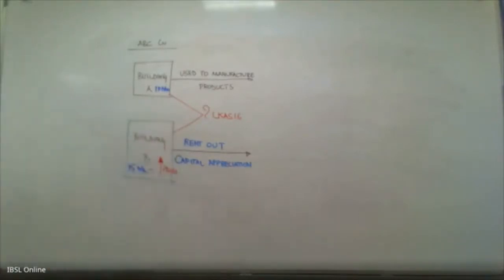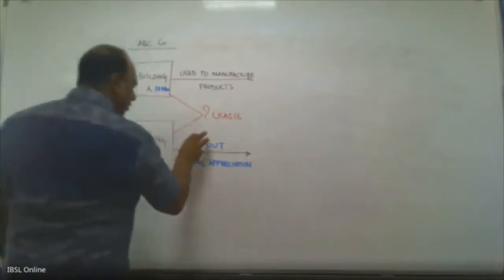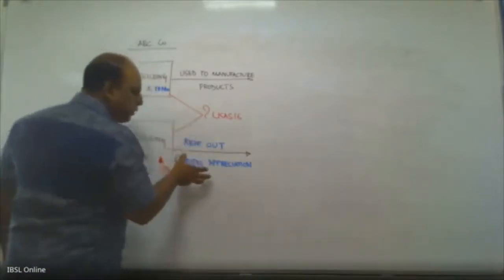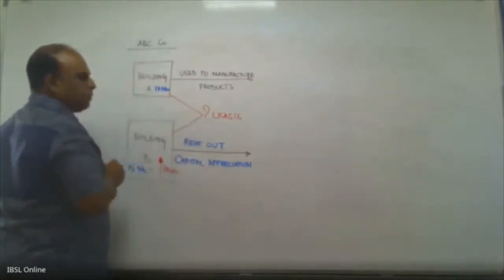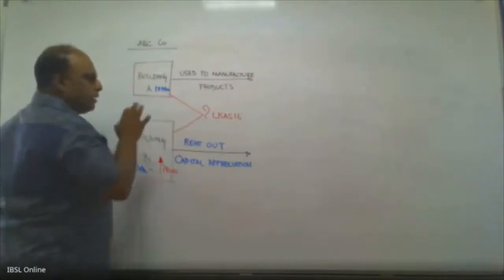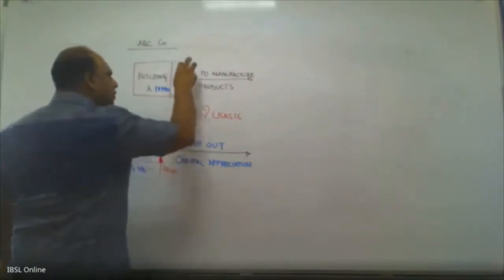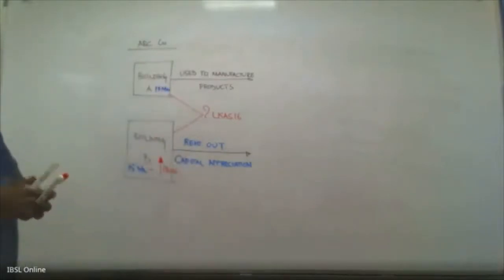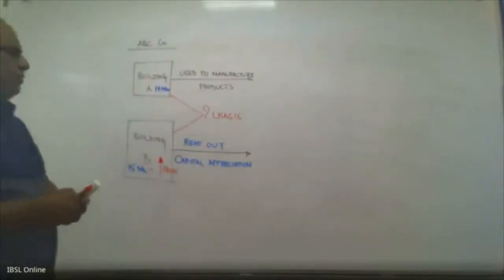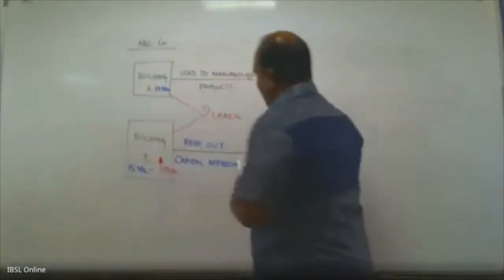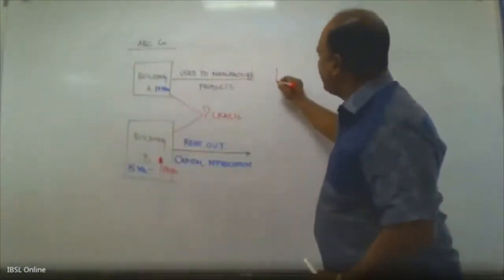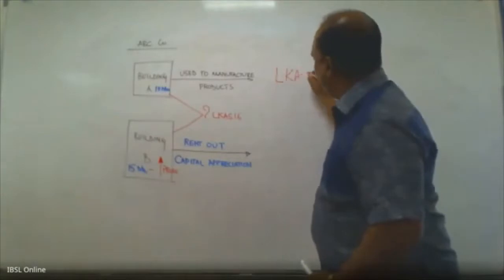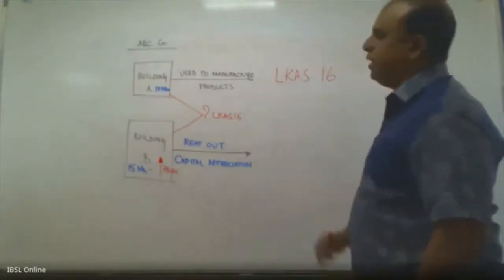Now this is something very interesting, whether you are going to rent it out or use it for capital appreciation. But the moment you decide to use it for your manufacturing or business, then it's very straightforward that you need to apply LKAS 16.